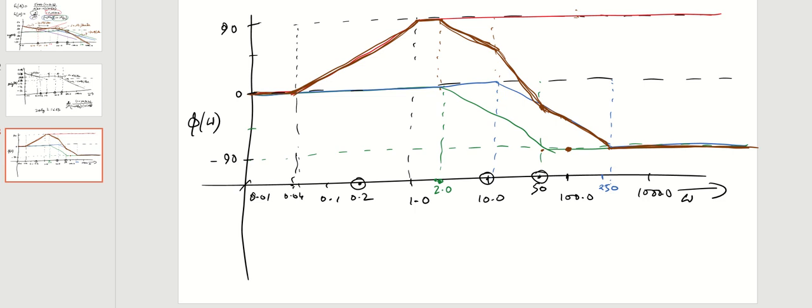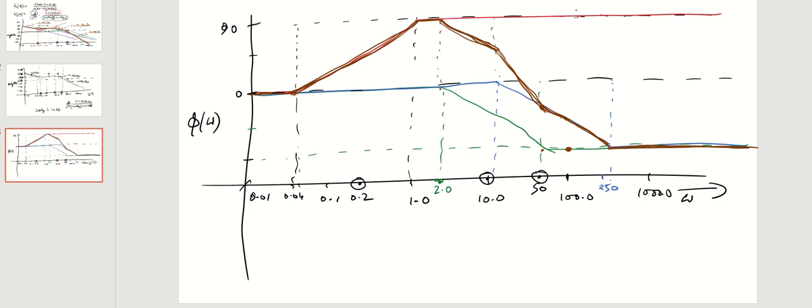But now we are not done yet. What still remains for us to accomplish here is the fact that we haven't accounted for this integrator's effect. So what will the integrator do? It will just push it down by a further 90 degrees. So again, we will adopt the same trick, not really a trick.